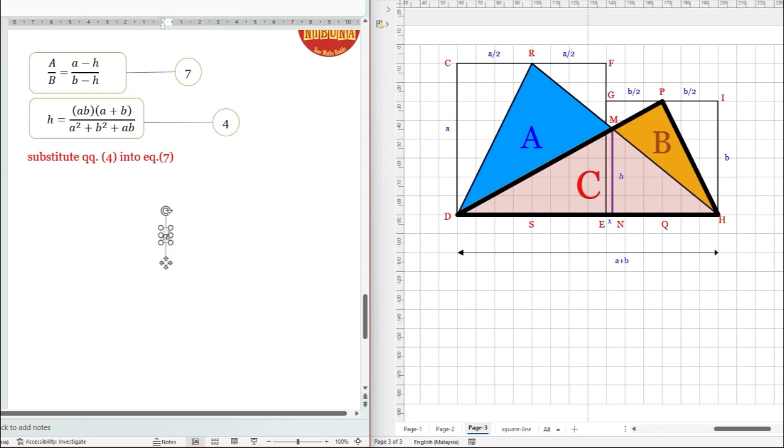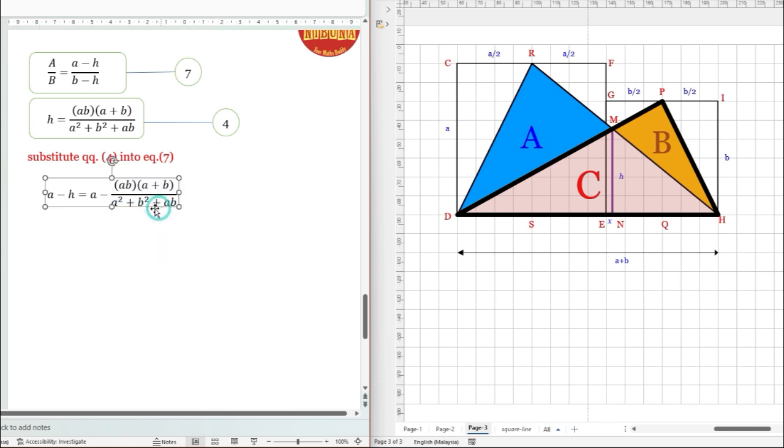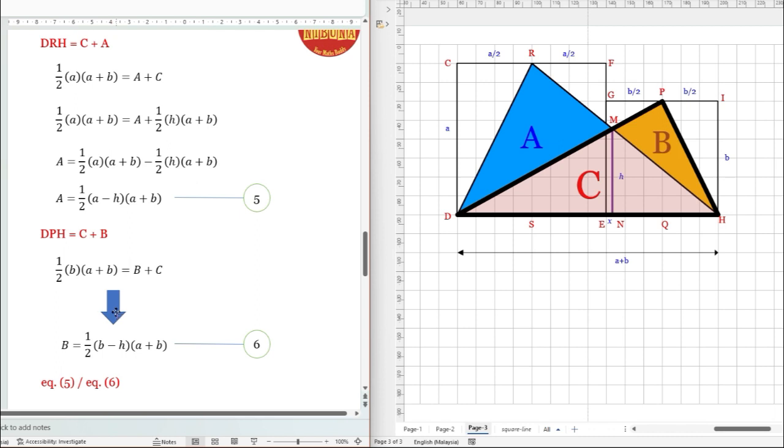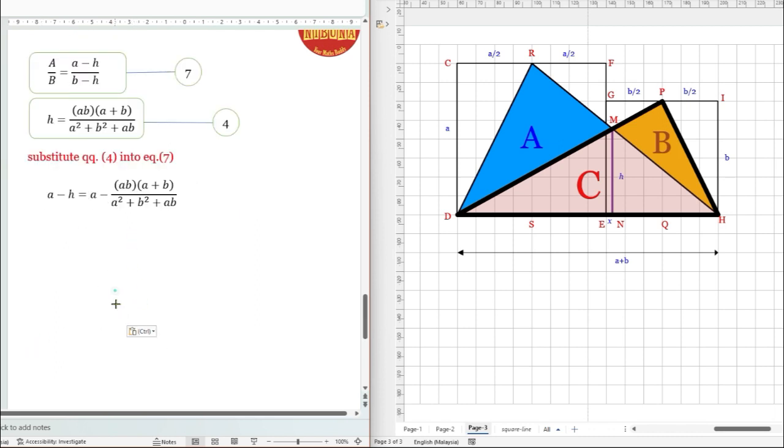So I can say A minus H equal to A minus AB(A plus B) over A square plus B square plus AB. So I have done this one. When you solve this one, you get A minus H.